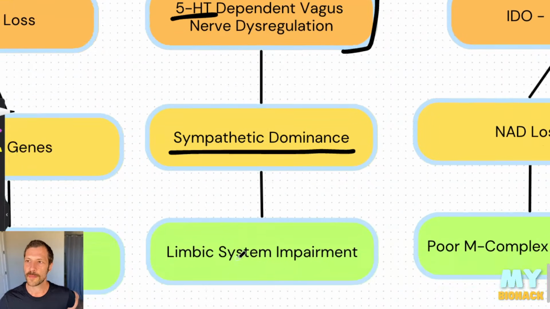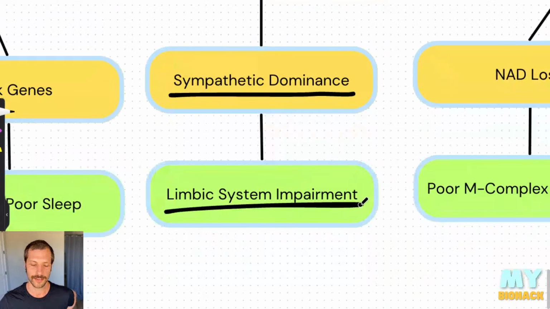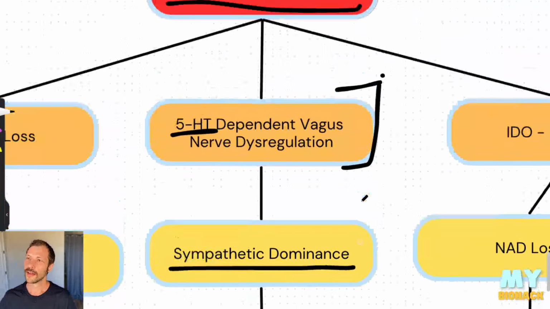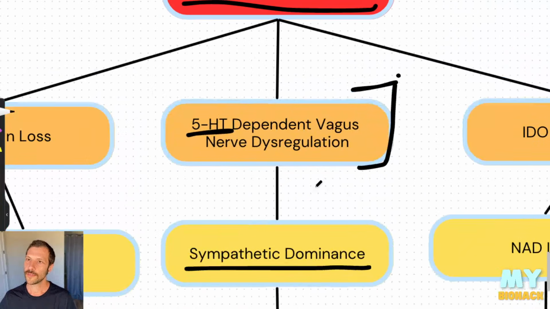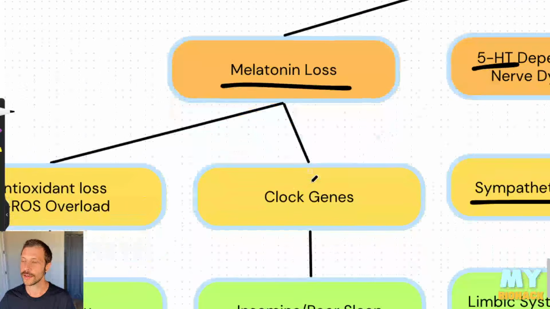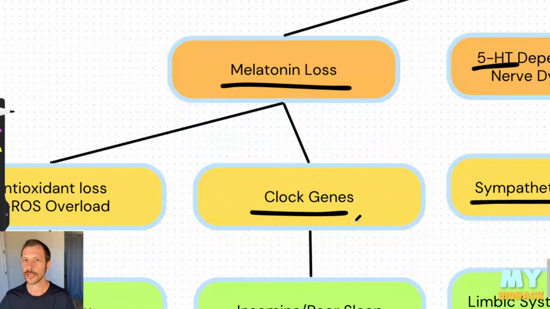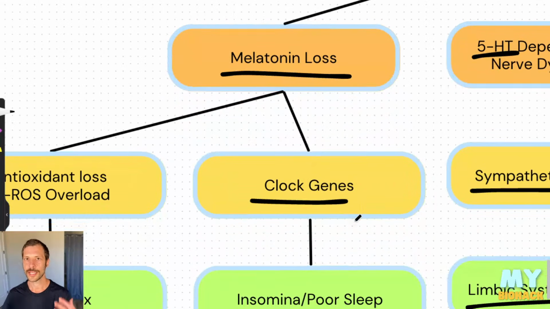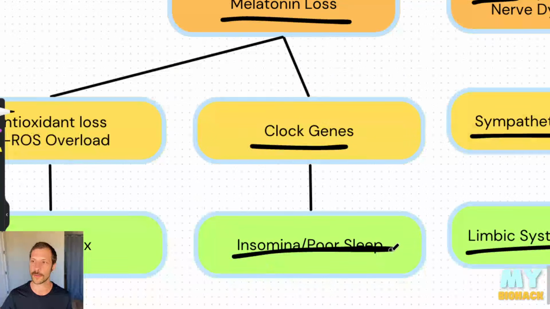And that feeds back on the limbic system. Your limbic system becomes dysregulated. Not only that, your ability to create melatonin is decreased. Melatonin is important for turning on clock genes that tell your body what time of day it is, especially at night. So you'll get insomnia and poor sleep.